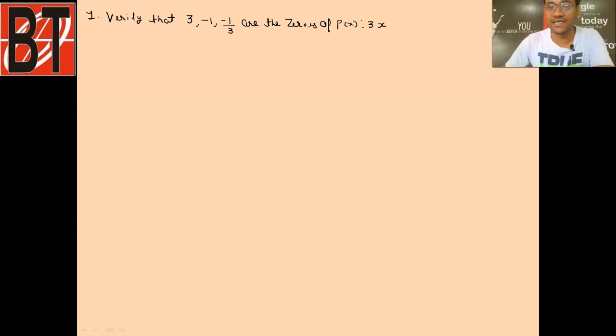Let me write the question first. Verify that 3, minus 1, minus 1 by 3 are the zeros of the polynomial px. What is the expression for px? It is 3x cube minus 5x square minus 11x minus 3.